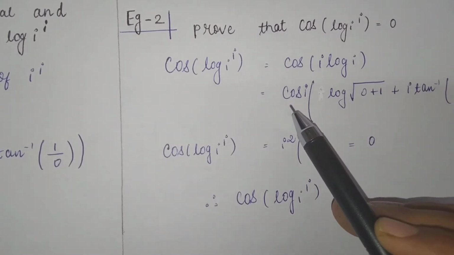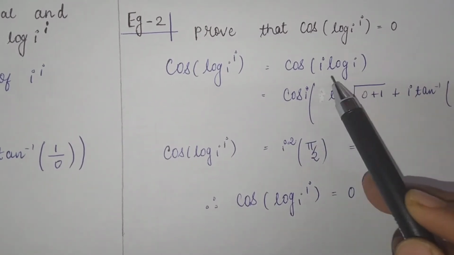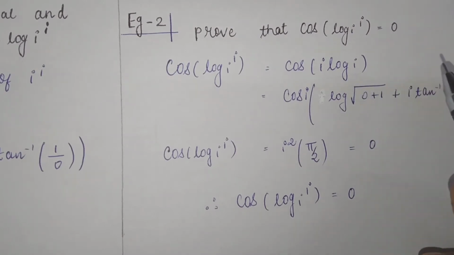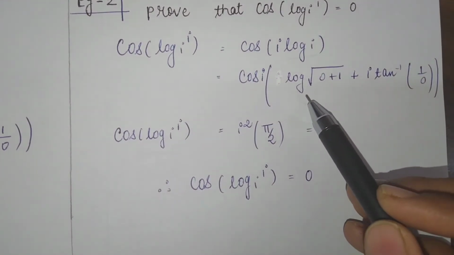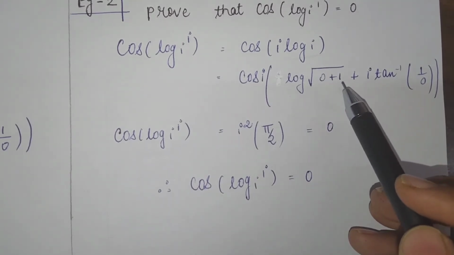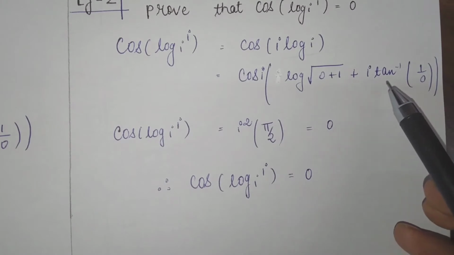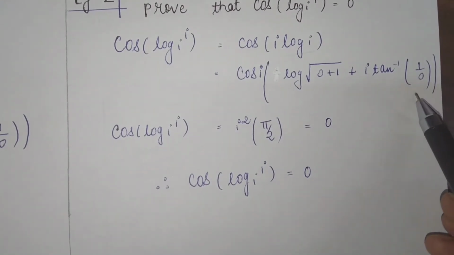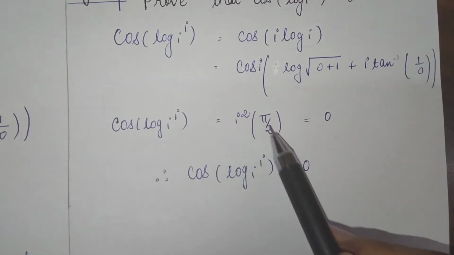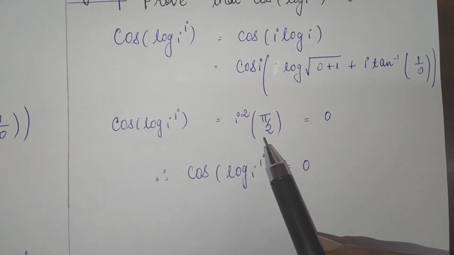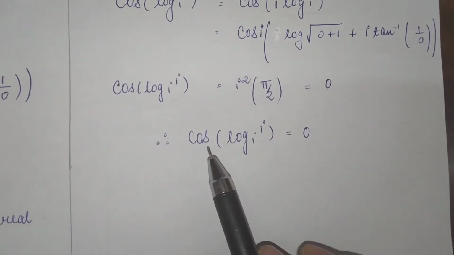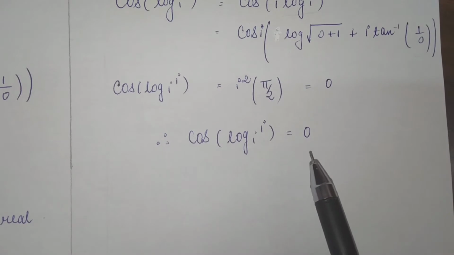So we can write cos i, and we can write this term according to the roots of complex numbers formula: log of square root of 0 plus 1, because here also x is 0 and y is 1, plus i into tan inverse 1 by 0. It means that here we get i square into pi by 2, and cos of pi by 2 is 0. So finally we can prove that the value of cos of log i raised to i is 0.